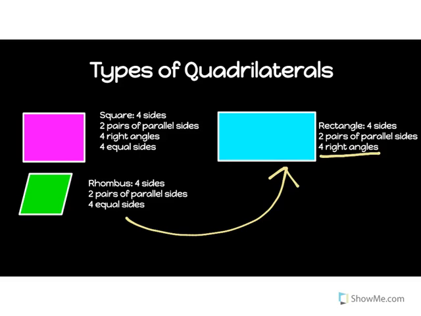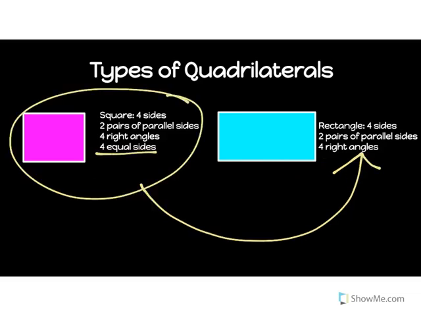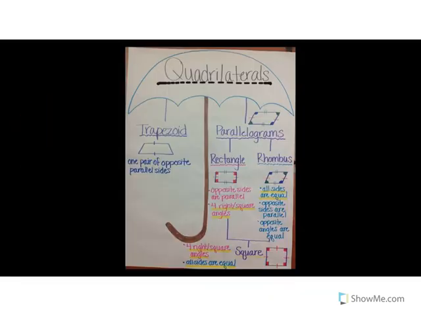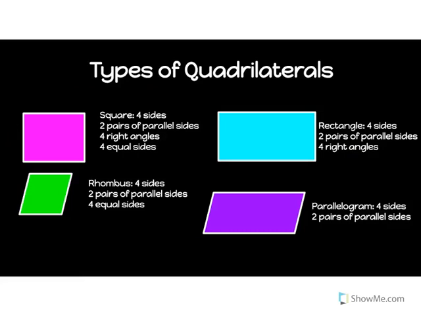Let me go back to my anchor chart. That's right. A rhombus can be a parallelogram, and a square can be a rhombus. Okay, so a parallelogram just has four sides and two pairs of parallel sides.